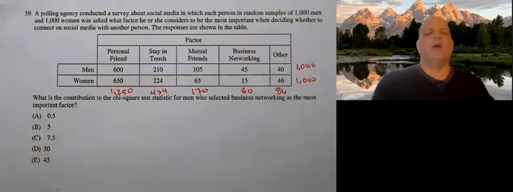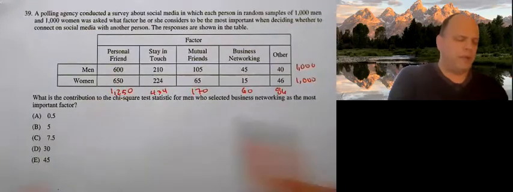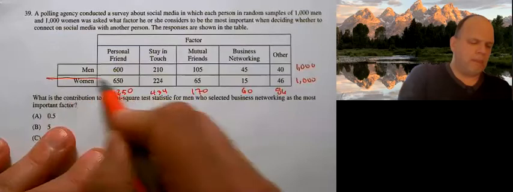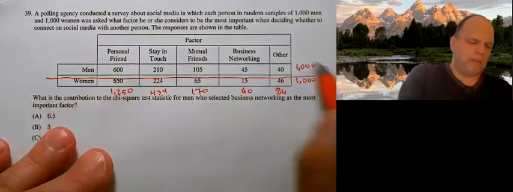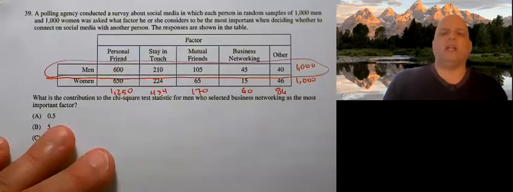What is the contribution to the chi-square statistic for men who selected business networking as the most important factor?